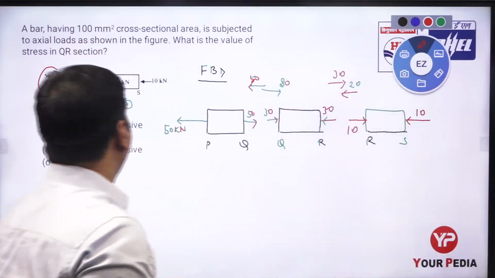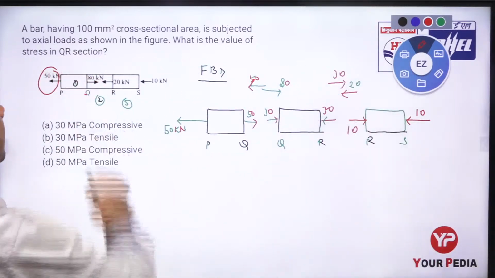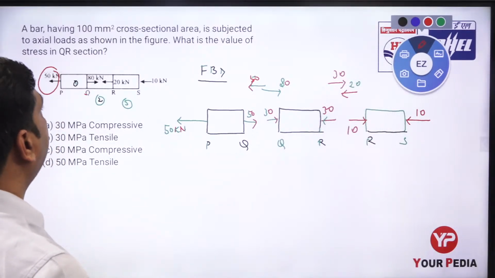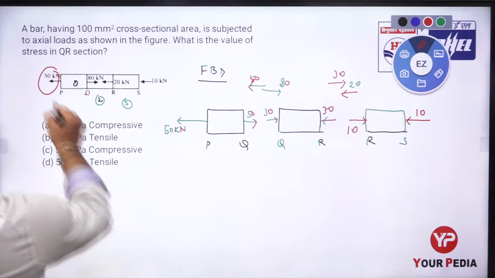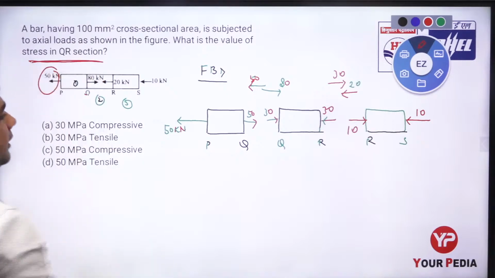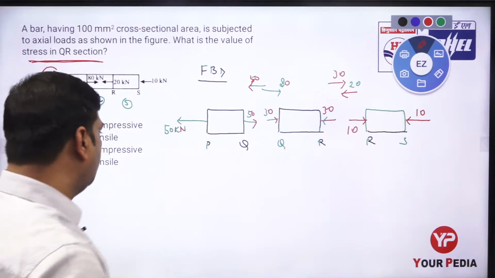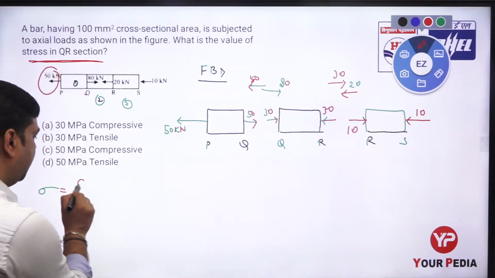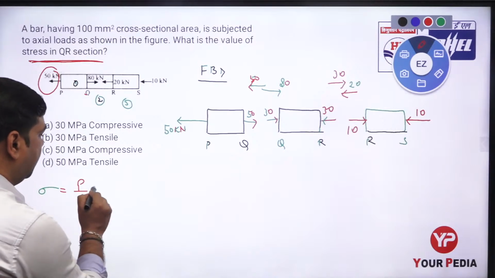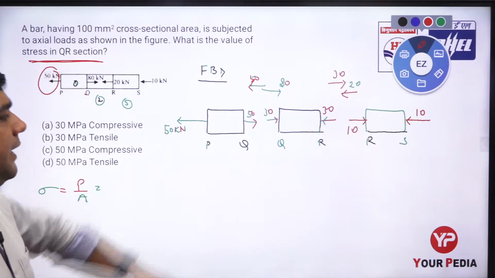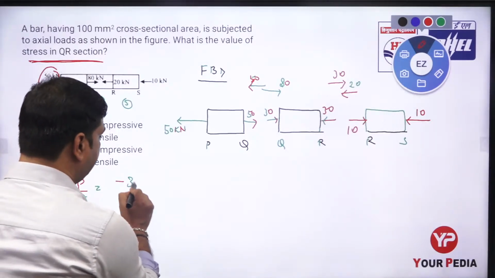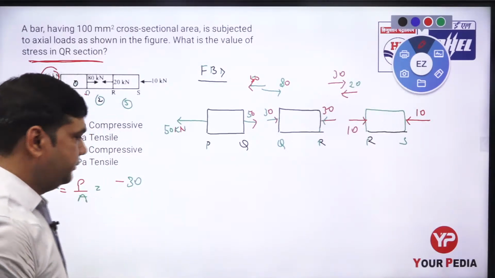Is this clear? So the question is asking: a bar having a 100 mm square cross section area is subjected to an axial load as shown in the figure. What is the value of stress in the QR section? So stress in the QR section is sigma equals P by A. Here P is 30 kilonewton, which is minus because it is subjected to the compressive load.